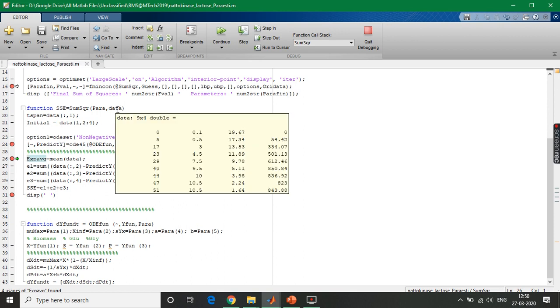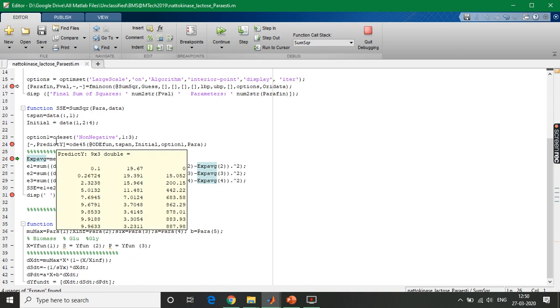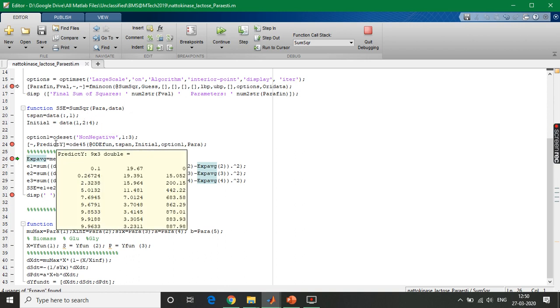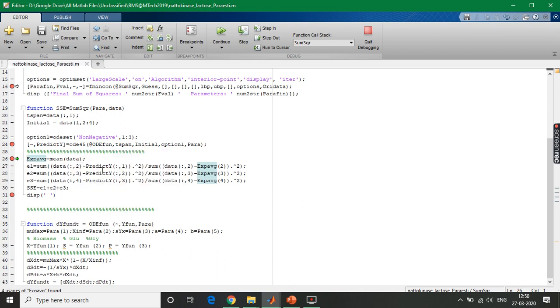You see biomass is 0.1, 0.15 this, 19.69 substrate and 0 product. With different time you can see, but our predicted value based on this current parameter is something different. That means there is a deviation. So now, because there are 3 different profiles, biomass, substrate and product, we have to make each of them the square error definitions.